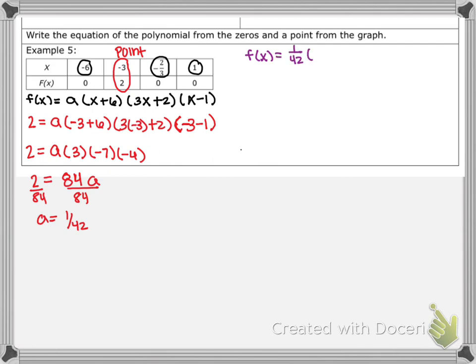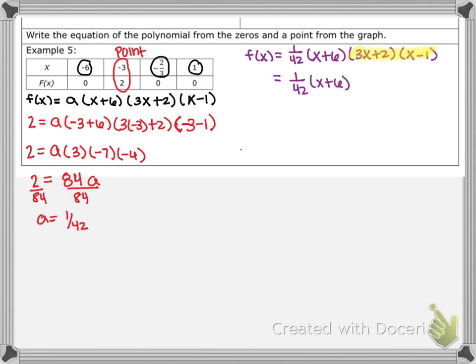And then I'm going to write my factors out again. X plus 6, 3x plus 2, and then x minus 1. And now I'm going to FOIL or box, and then at the end I need to distribute that 1 over 42. So 1 over 42, x plus 6. I'm going to go ahead and multiply these back ones first, and then I'll get that x plus 6 in.